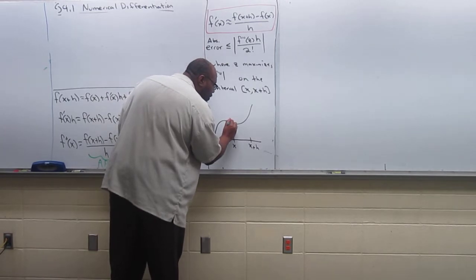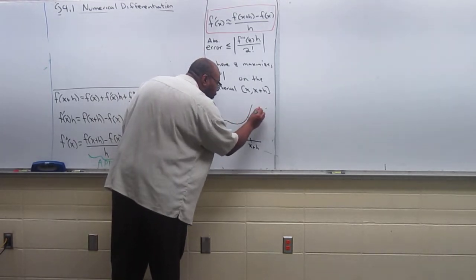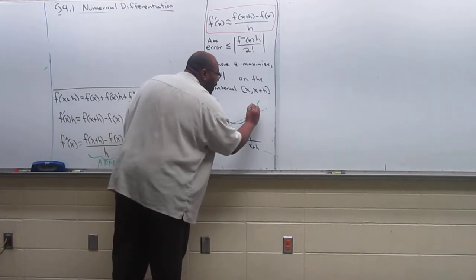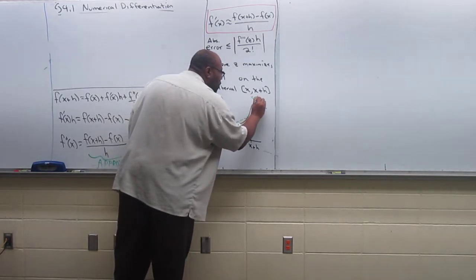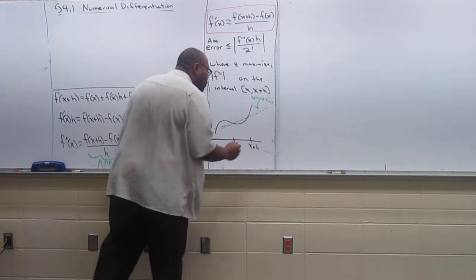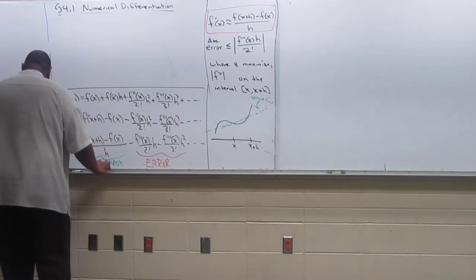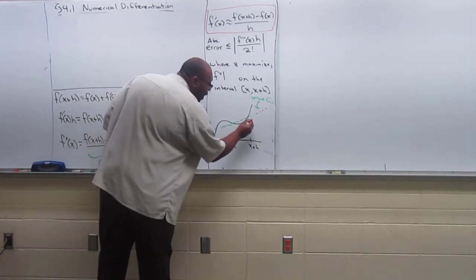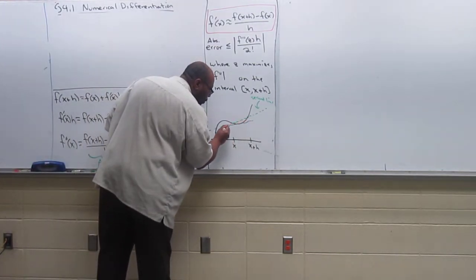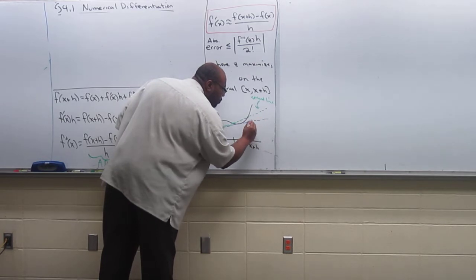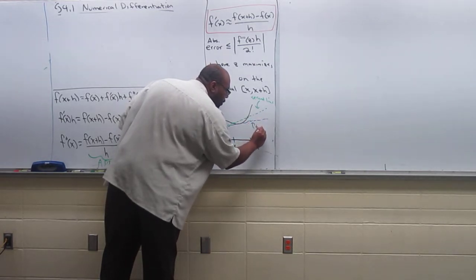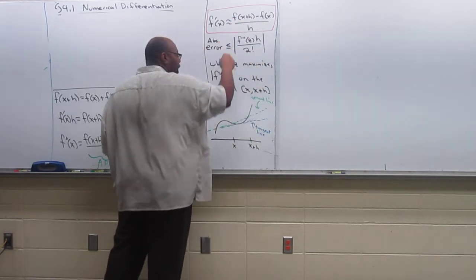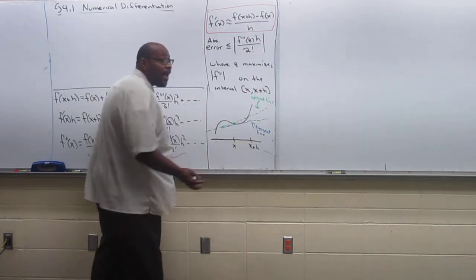So we're using essentially the secant line slope to approximate the slope of my derivative at x. So here is my tangent line. We're using the slope of the secant line to approximate the slope of the tangent line.